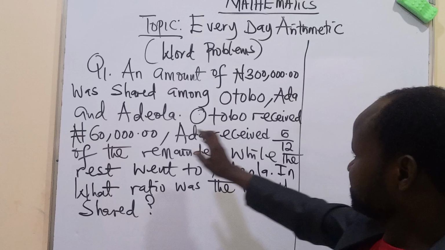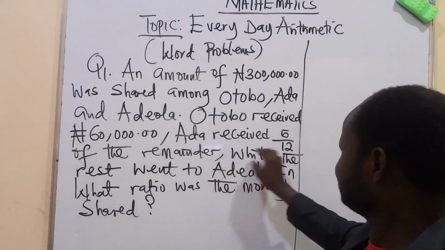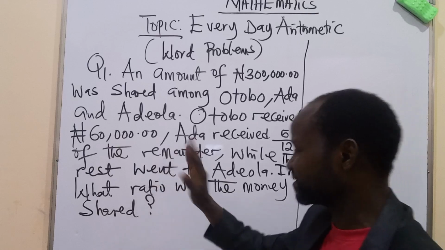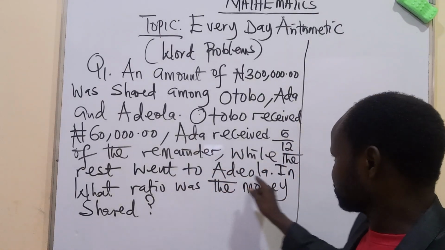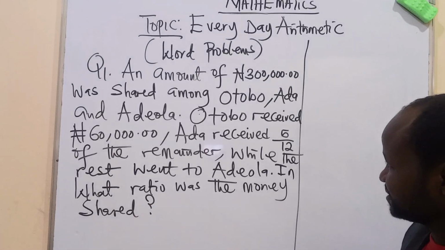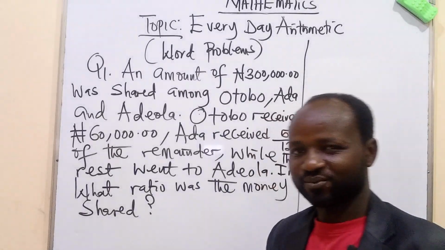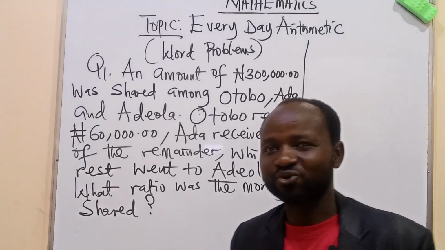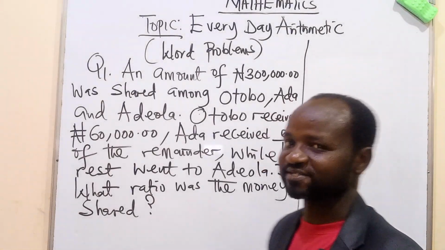Otubo received 60,000 naira. Ada received 5 over 12 of the remainder, while the rest went to Adiola. The question now says, in what ratio was the money shared? Real life application of mathematics.